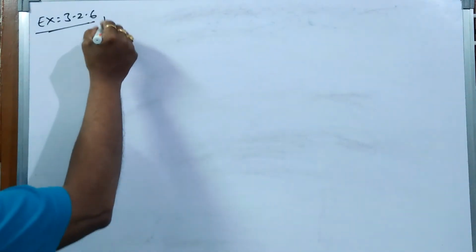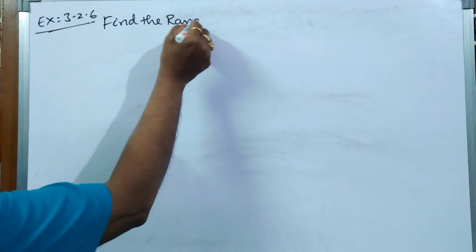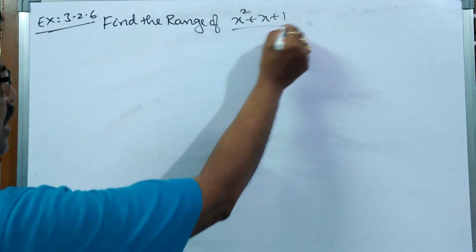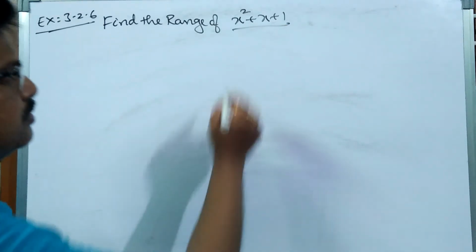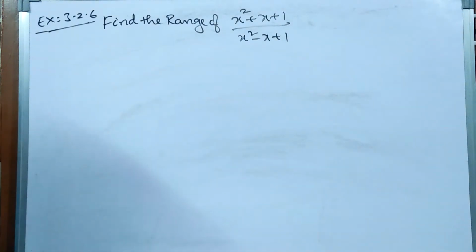Find the range of x square plus x plus 1 by x square minus x plus 1.